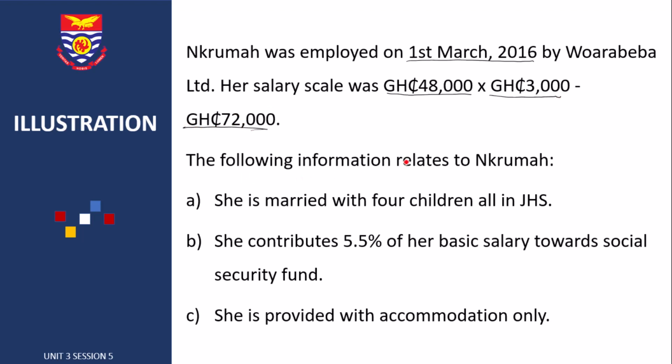The following information relates to Nkrumah. She is married with 4 children, all in JHS, junior high school. She contributes 5.5% of her basic salary towards the Social Security Fund. She is provided with accommodation only.